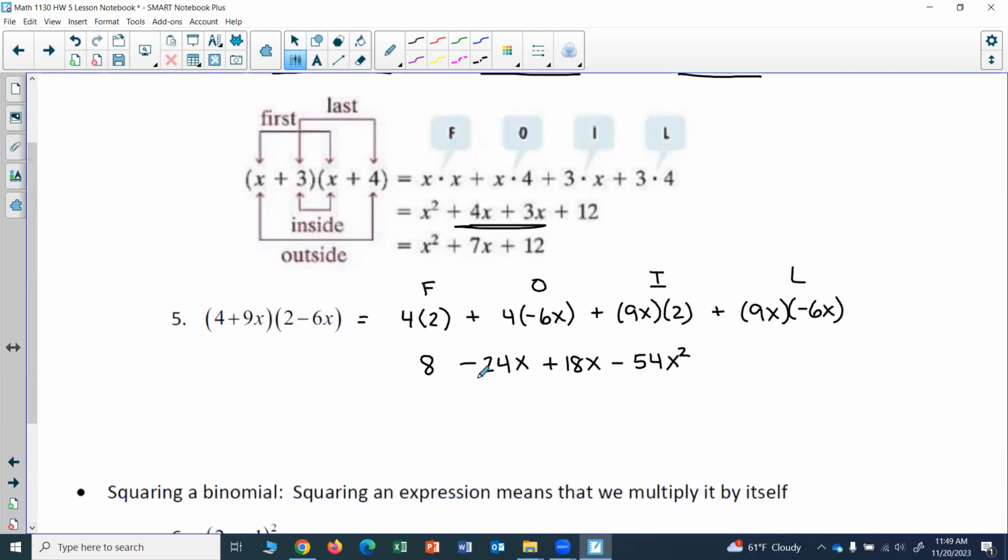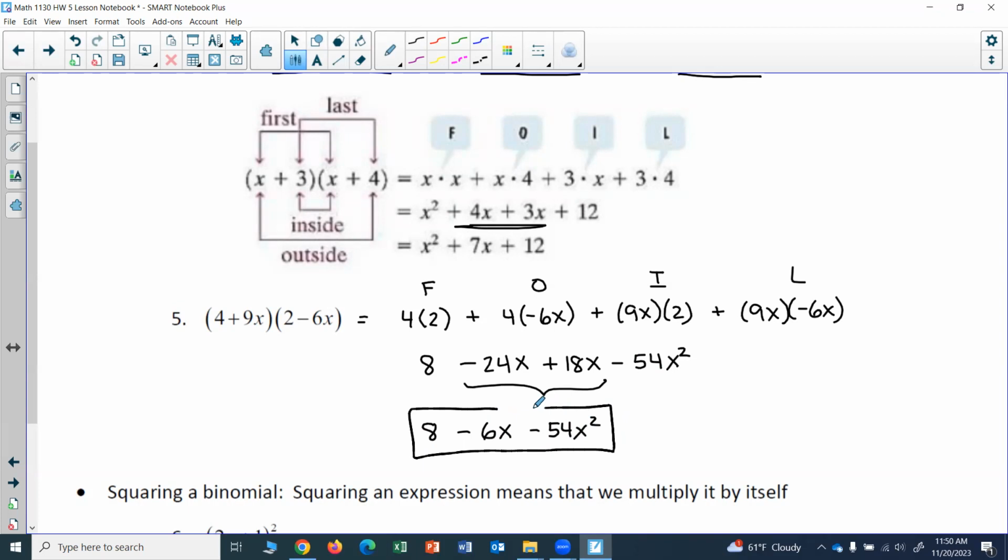Now I need to combine my like terms. And so I end up with 8. Negative 24 plus 18 would give me minus 6x. And then minus 54x squared. This would be my final answer.